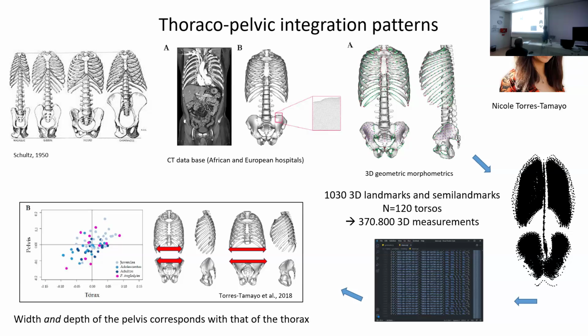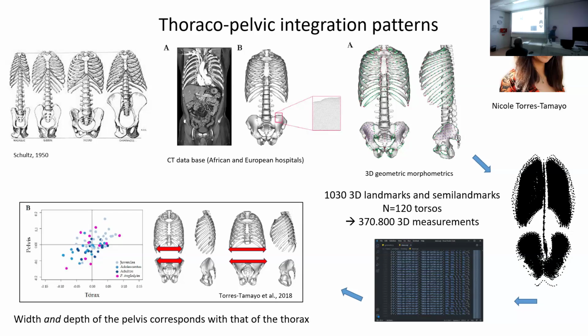Nicole did a tremendous job to measure all these torso skeletons with 1,030 landmarks in 120 torsos, and we correlated the data from the pelvis with the data from the thorax. And what we found was not surprising, but we could find a quantitative description of this pattern, that the width of the thorax and the depth of the rib cage are totally correlated with the width and the depth of the pelvis.